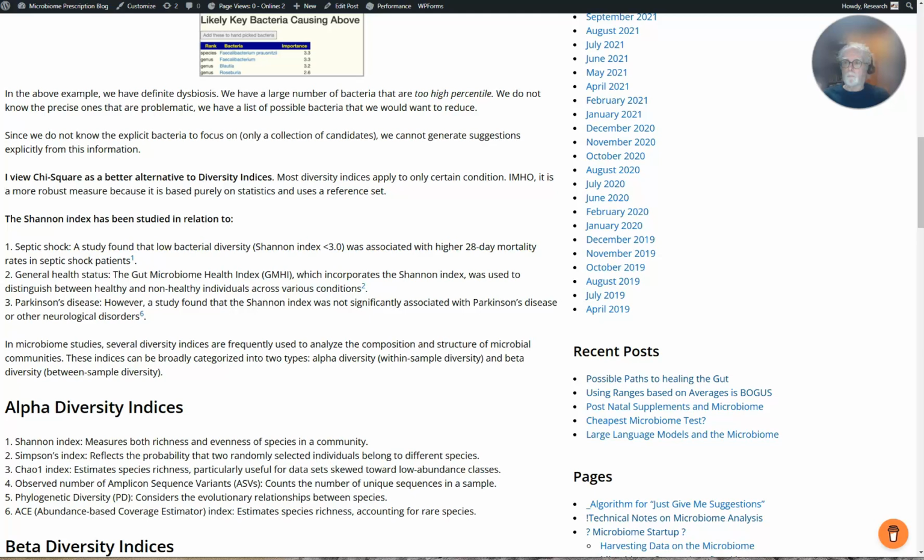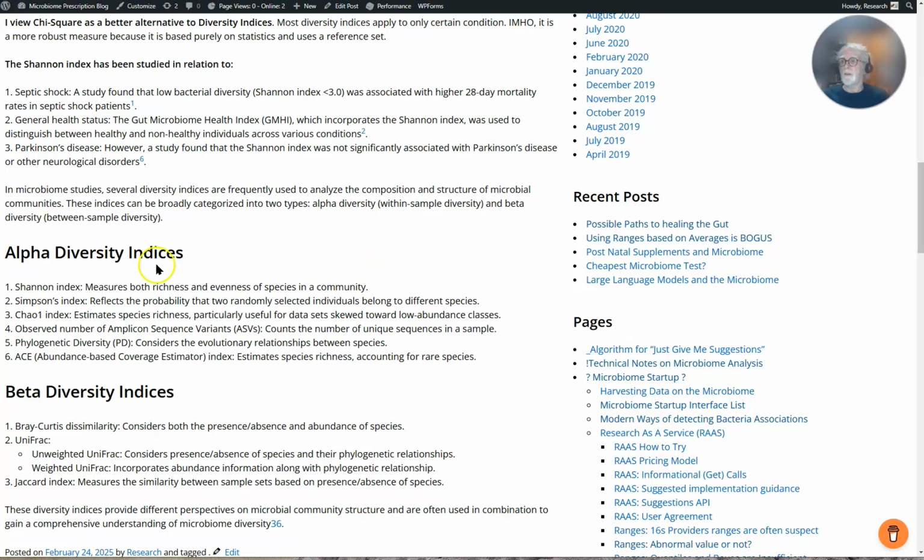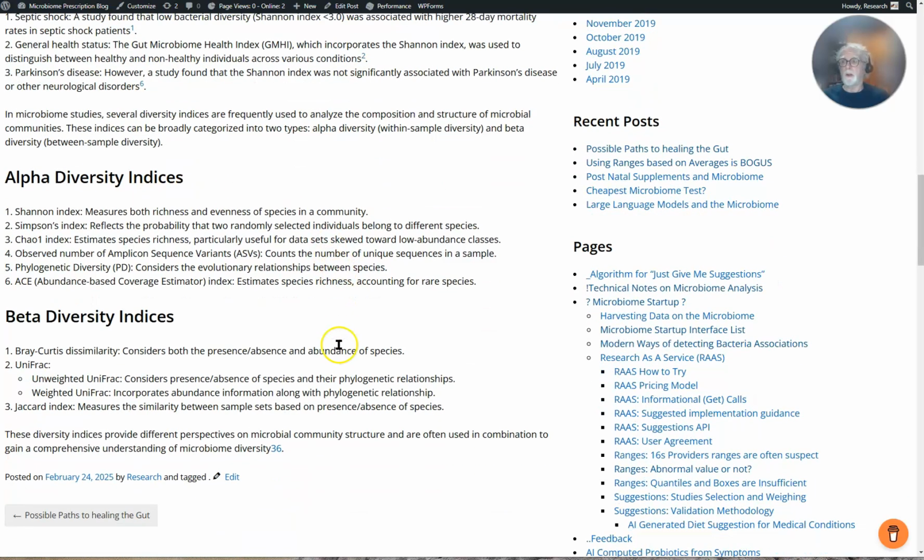Now, if you look at some of the other measurements commonly used in microbiology, like the Shannon index, and do a bit of checking out, you find that in some cases for some diseases there's no significant finding. Other cases it is, and generally it's a little bit of hit and miss whether or not it works. And that applies to all of the different alpha diversity and beta diversity indices.